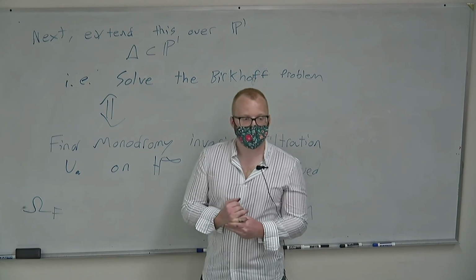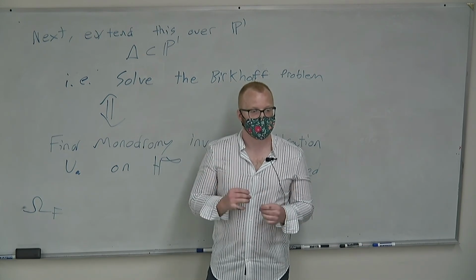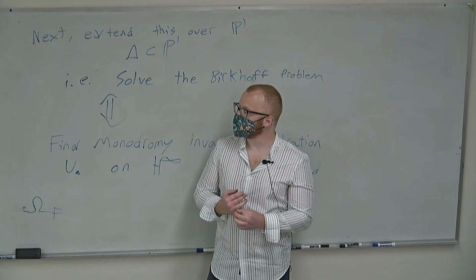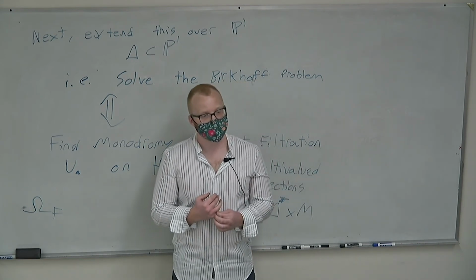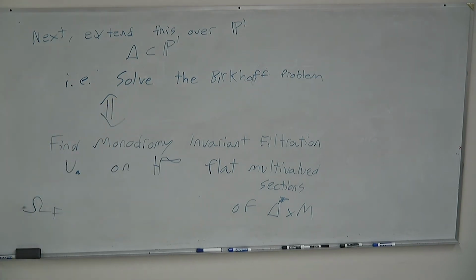So you can define this spectrum by just blowing up and looking at the blow up. But I'd have to say I don't know. I would expect that there is a connection there, but I haven't really thought of it, so I'm not sure.